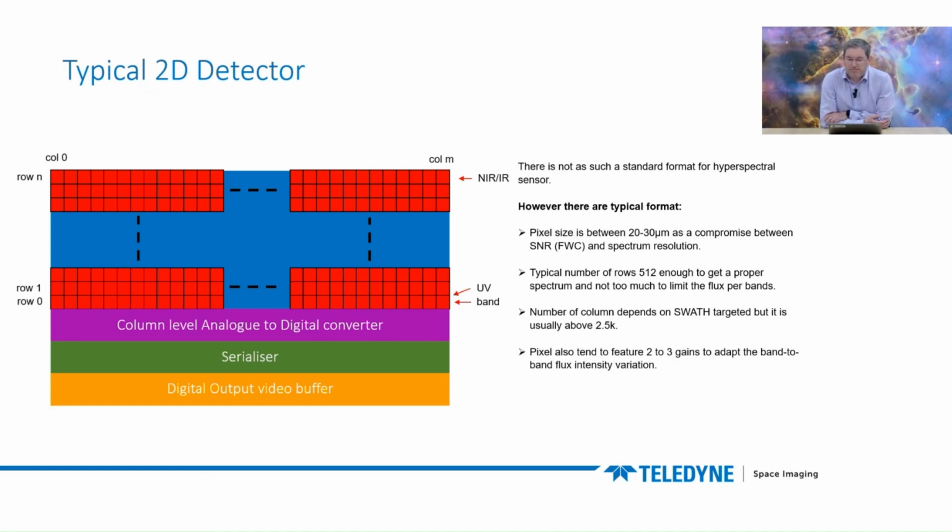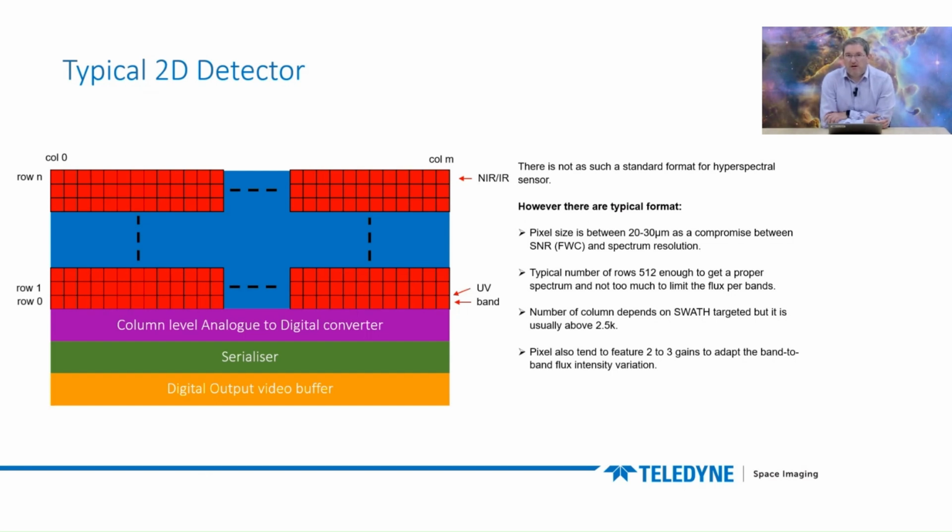There is not, as such, a standard format for hyperspectral. However, there are typical formats. The pixel pitch tends to be around 20 to 30 micron. This is quite a large pixel pitch, and this is to handle the large full well capacity that this sort of mission needs.